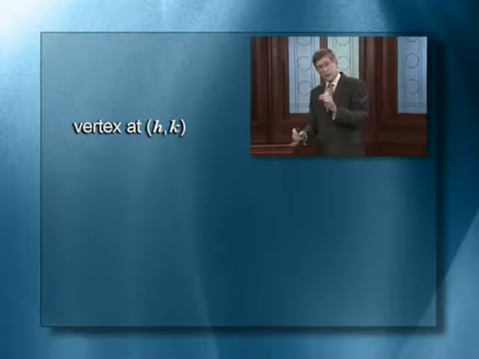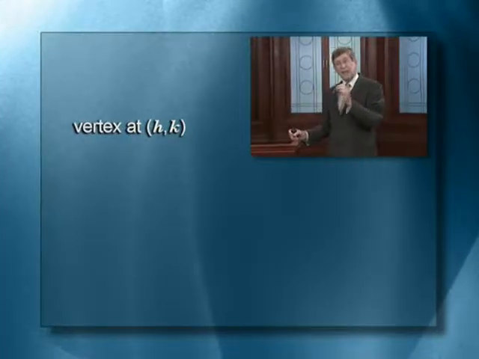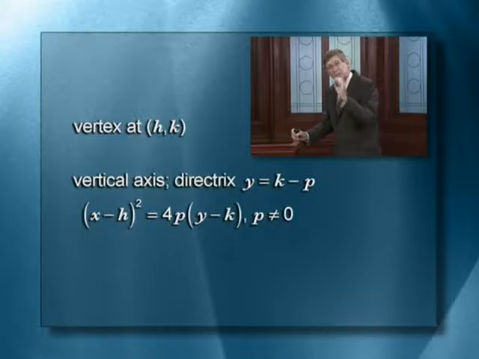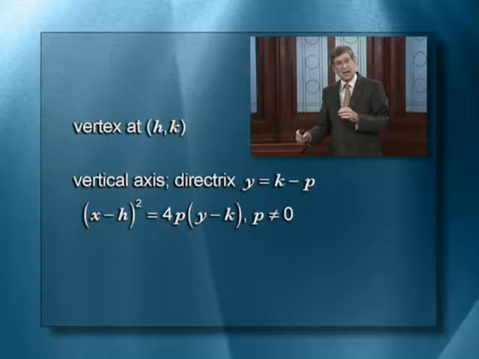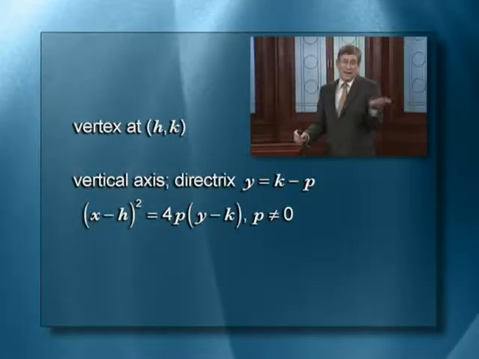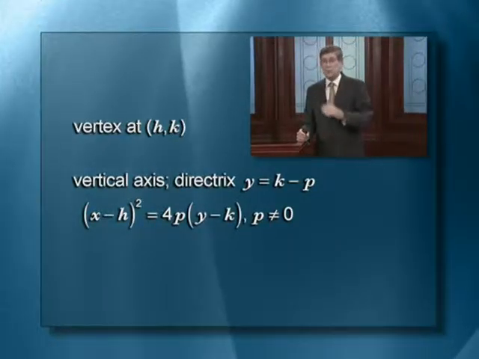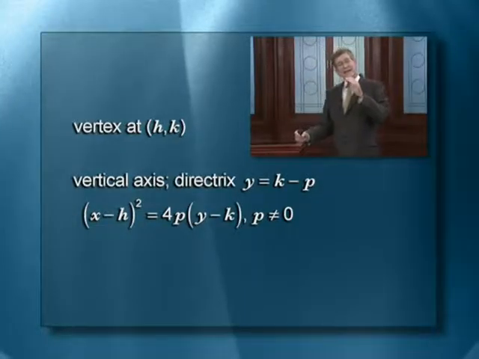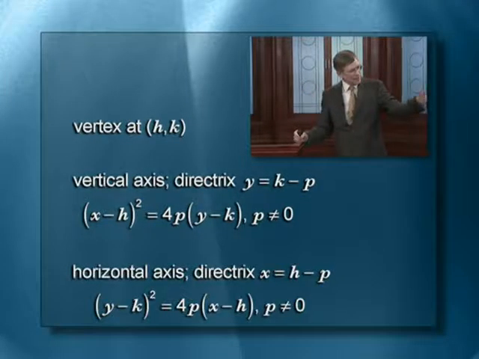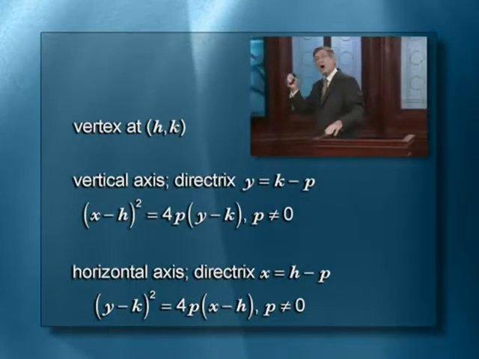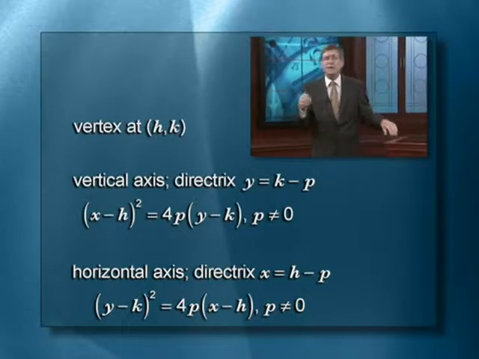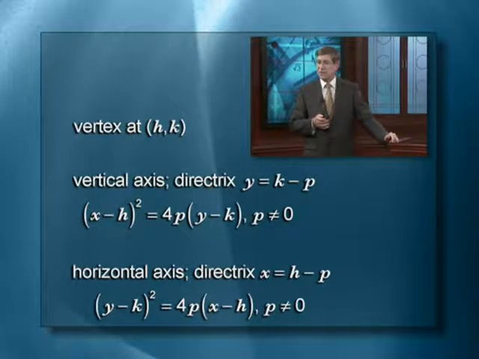And the standard equation of that parabola with vertex (h, k) is the following. (x minus h) squared equals 4p times (y minus k), where p is not equal to 0, of course. And if you have a horizontal axis, if the parabola is opening to the left or the right, then the equation is slightly modified. It's (y minus k) squared equals 4p times (x minus h). And of course, again, p is not 0. Kind of complicated looking equations, I admit it.